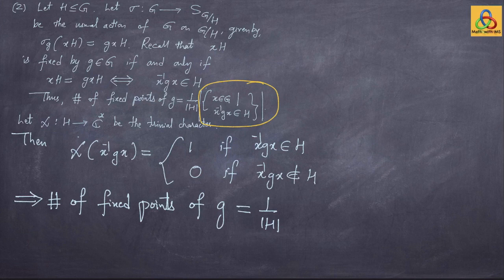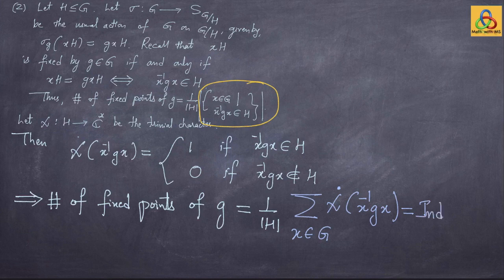So this is just the same as summation over x in the group G of chi dot of x inverse gx. And now recall this formula: 1 by order of the subgroup H, summation x in G and chi dot of x inverse gx, which by definition of this dot construction is the induction of the character chi from the subgroup H to the group G acting at a group element g.